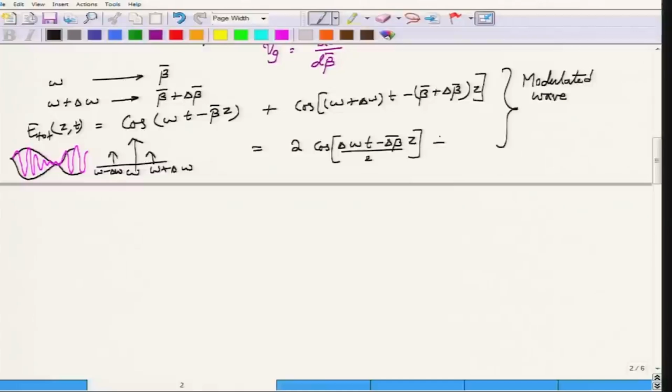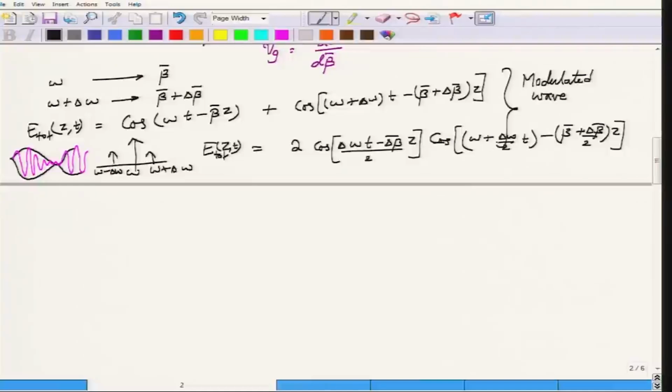This is multiplied by cos of omega plus delta omega by 2 into t minus beta bar plus delta beta bar by 2 into z. Okay. So, this would be the total electric field. We have called this E total of z, t, and now you can see two terms, right.